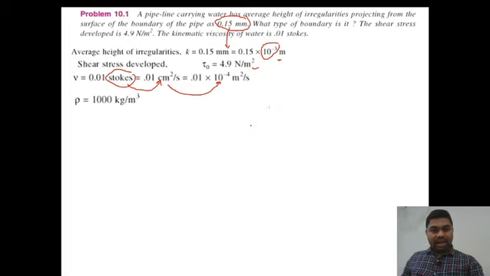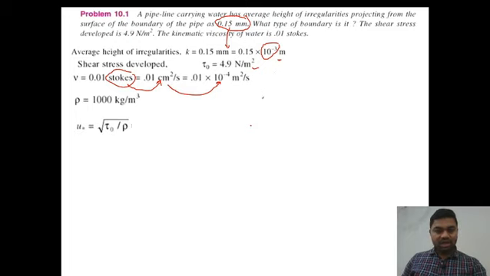Then next, as the pipeline is carrying water, its density is 1000 kg per meter cube. If we want to find the type of boundary, first we need to find the shear velocity.